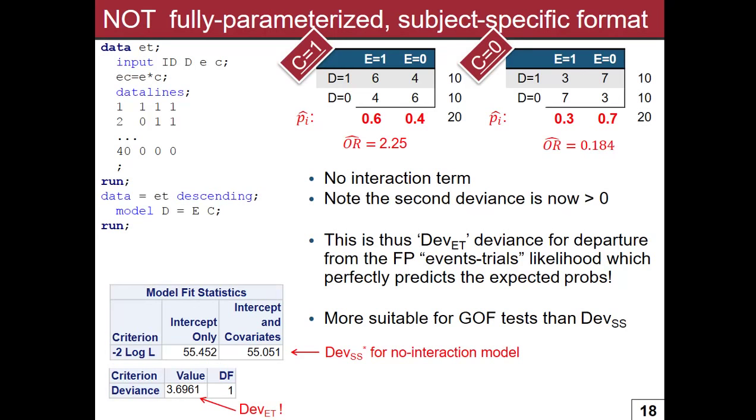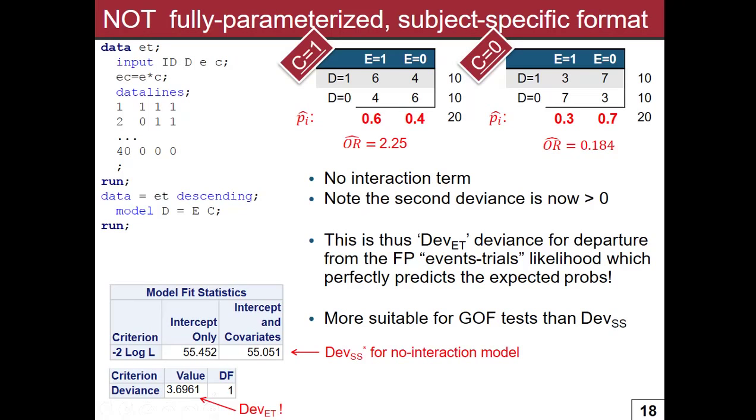Okay, here's another model that we fit. This model is just E and C, no interaction term. Okay, suddenly there's information here, 3.6961. This is the deviance statistic computed for our model.